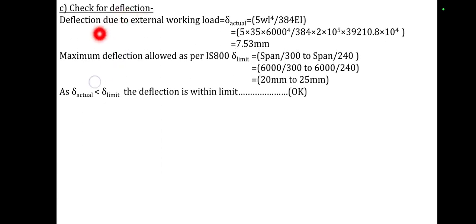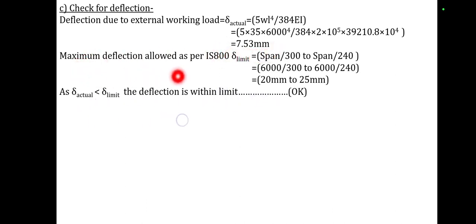Then the last check for the beam is the check for deflection. First is the deflection due to the external working load, delta actual, which is equal to 5WL raised to 4 upon 384 EIXX. Substituting our values into the given formula, we get the external working load deflection, delta actual, as 7.53 mm.